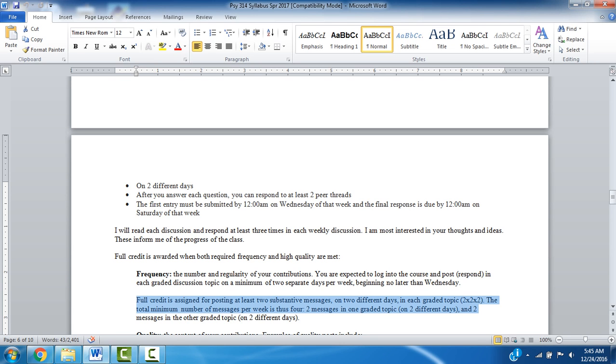The third 2 is that you have to respond to 2 peer threads at least once a week. So 2 answers to the questions that are available weekly, 2 separate days, and 2 responses to peers. All right, 2 by 2 by 2.